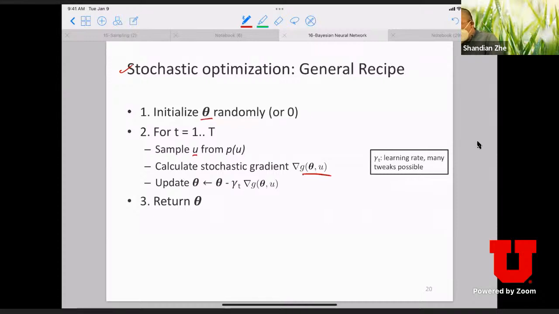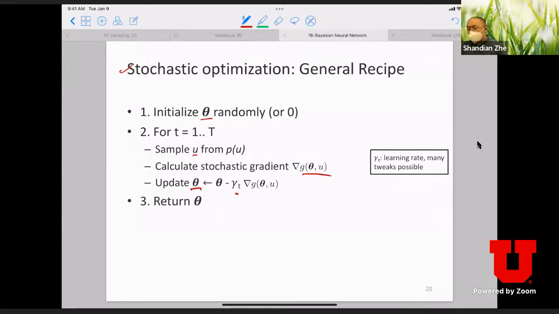Then we update theta toward the negative, opposite direction of the stochastic gradient. This is like standard gradient descent, except that we replace the true gradient with the stochastic gradient, multiplied by some step size gamma t. Then we finish one update and move to the next iteration.